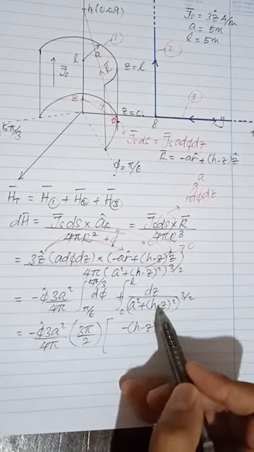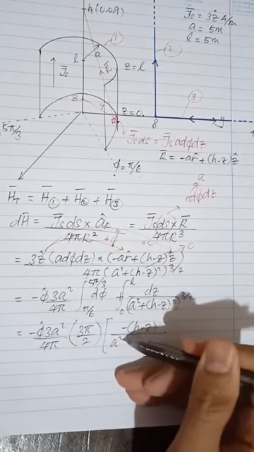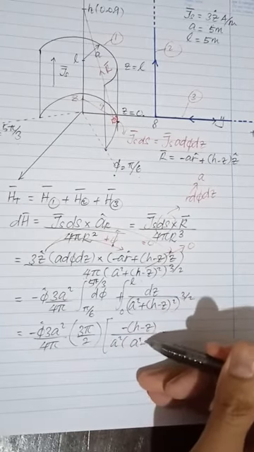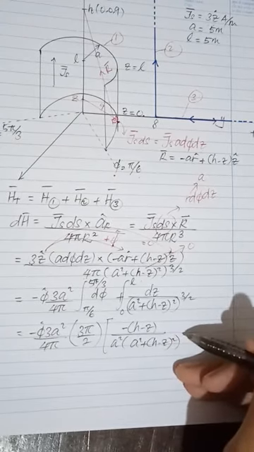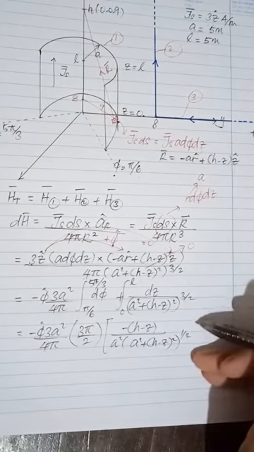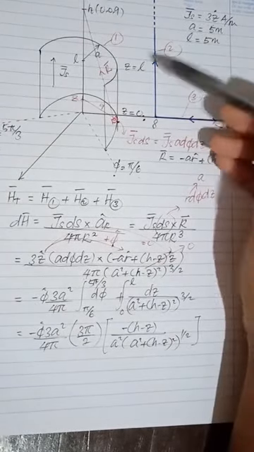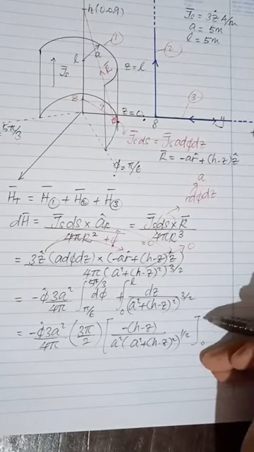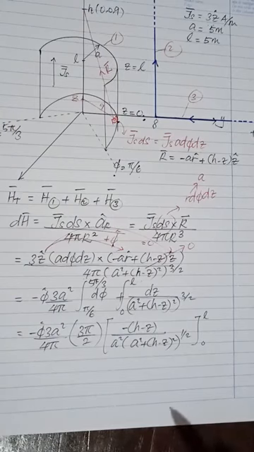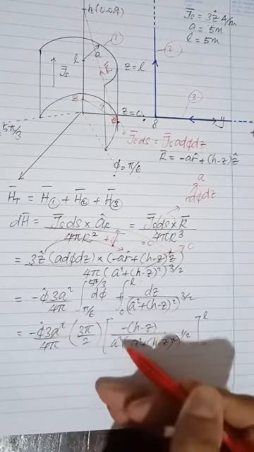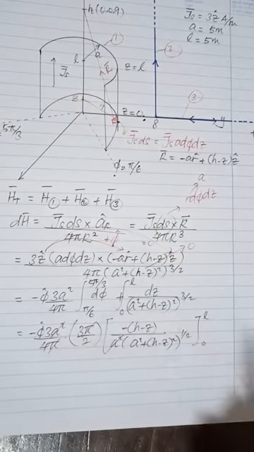So z here is negative, so put here negative, over a squared plus (h minus z) squared to the 1/2, and again the limit ranges from 0 to L, so put here 0 to L. We can simply delete this a squared and this a squared, and also this π and also this π.